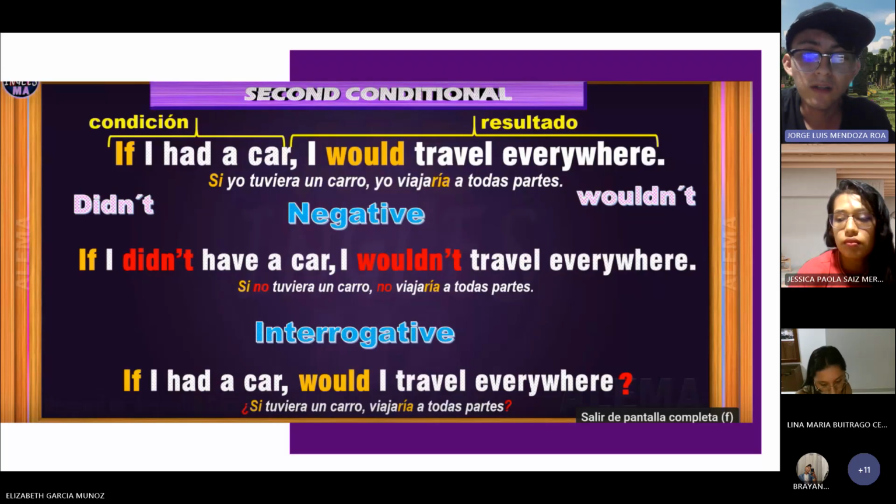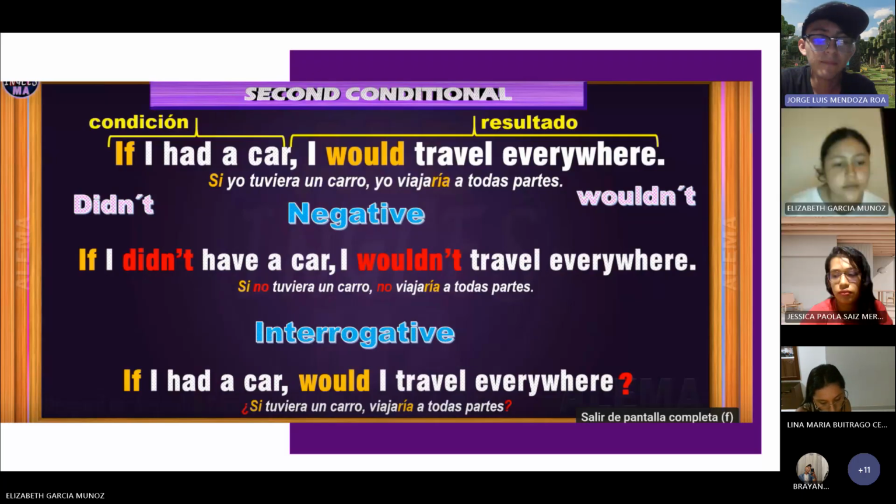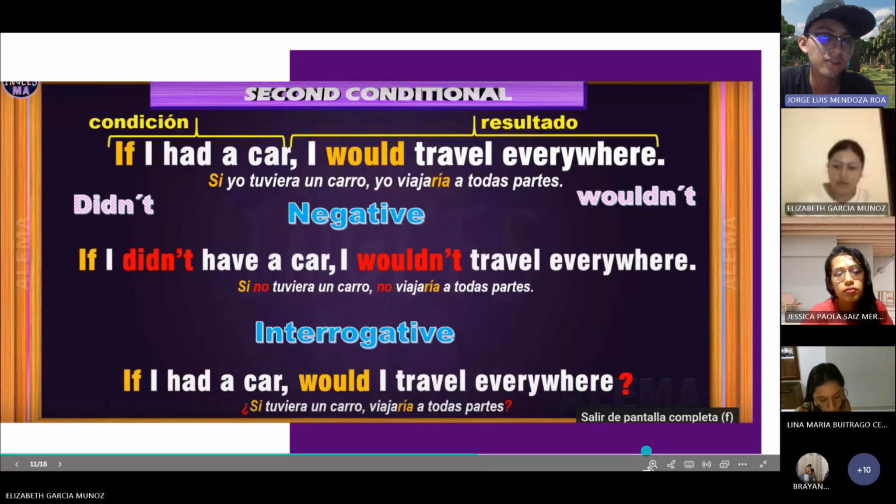It will be would I travel everywhere? And we need to use the interrogative signs. It will be si tuviera un carro, ¿viajaría a todas partes? This is the way we can speak with this second conditional in the negative, interrogative, and affirmative way.